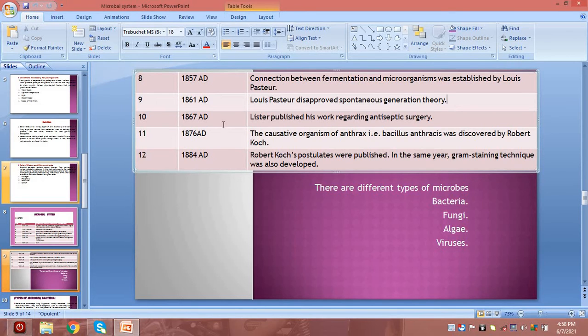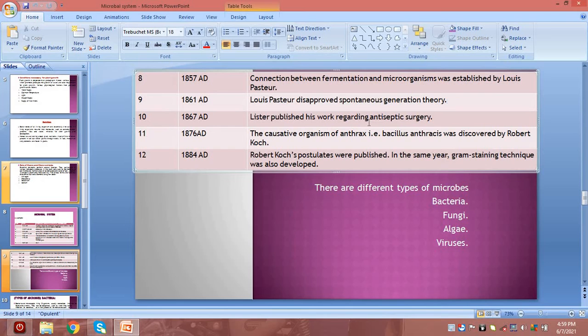Then in 1867 AD, the scientist Lister gave his work regarding antiseptic surgery. Various antiseptics like Dettol and phenol kill microorganisms. These antiseptics we use for the process of sterilization, killing the microorganisms during surgeries, sterilizing the skin surface.